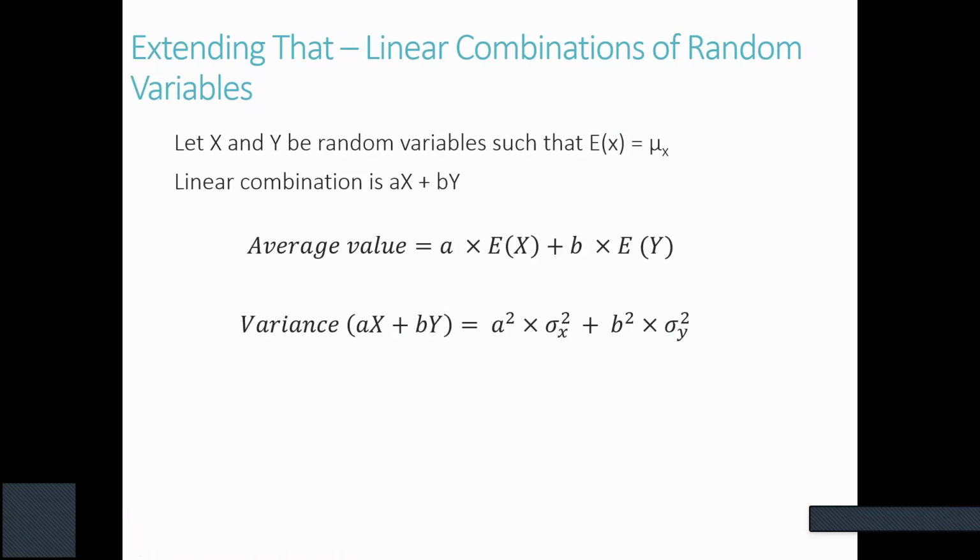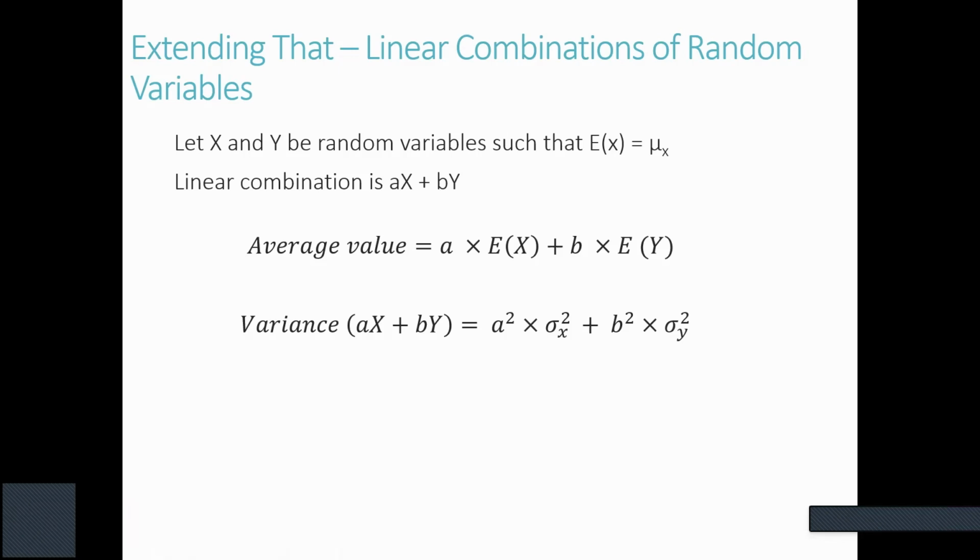One more thing. If we have a linear combination of random variables, remember we were talking about tossing coins and rolling dice and all of that sort of thing. So if we have a combination of things that each have their own mean and standard deviation, we can make linear combinations. So a linear combination is of the form a times x plus b times y, where x and y are random variables.